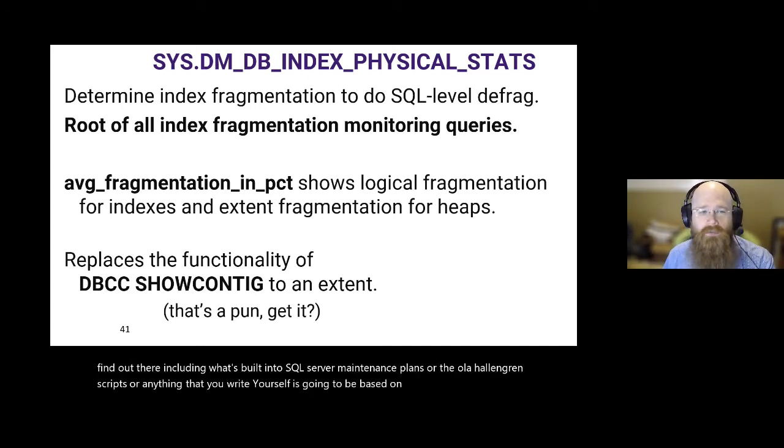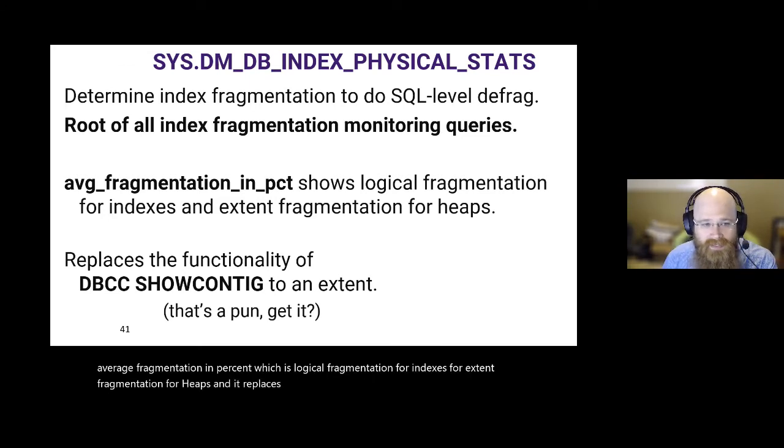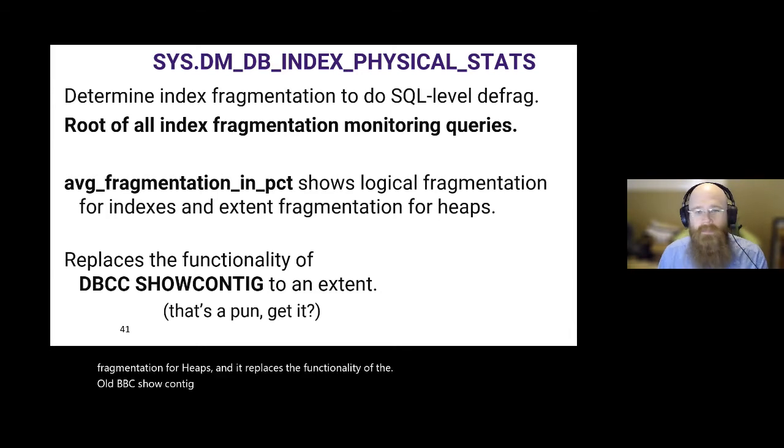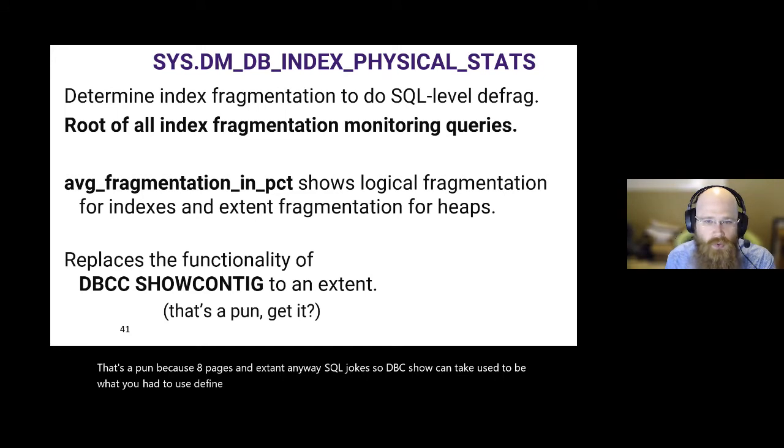It shows you that average fragmentation in %, which is logical fragmentation for indexes and extent fragmentation for heaps. And it replaces the functionality of the old DBCC SHOWCONTIG to an extent. That's a pun because 8 pages is an extent. Anyway, SQL jokes. So DBCC SHOWCONTIG used to be what you had to use to find fragmentation. Now we have these queryable DMVs.